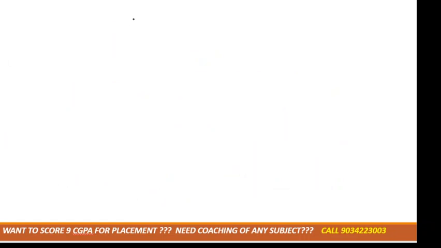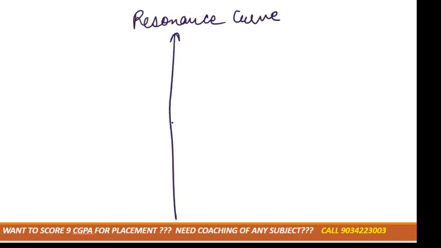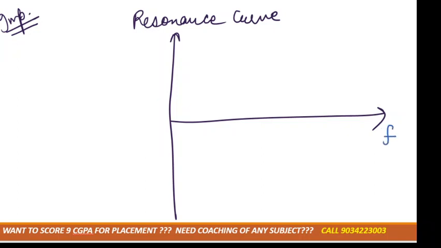Next we need to draw a curve. We call it the resonance curve also. This particular curve is very important. You can mark it as important also. In this single curve we can mark everything: on the x-axis is frequency, and on the y-axis first we'll mark XL.